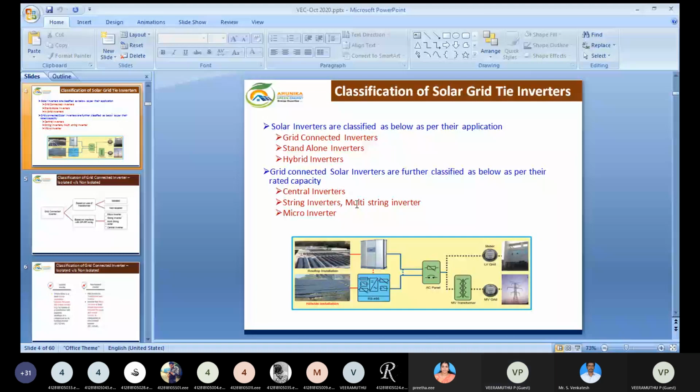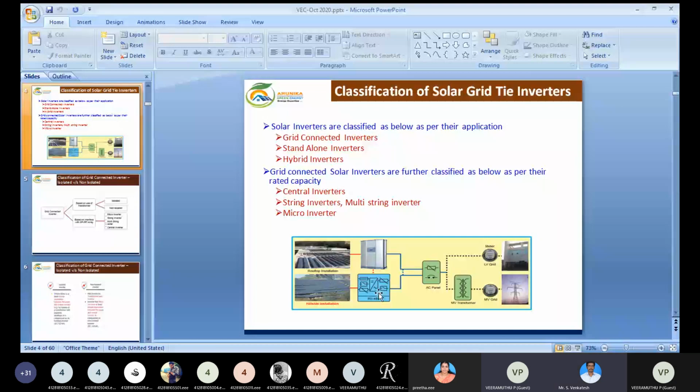In the market, the mainly used ones are grid-connected inverter, standalone inverter, and hybrid inverters. So this is the grid-tie system: central inverter, and string inverter with single string or multi string.